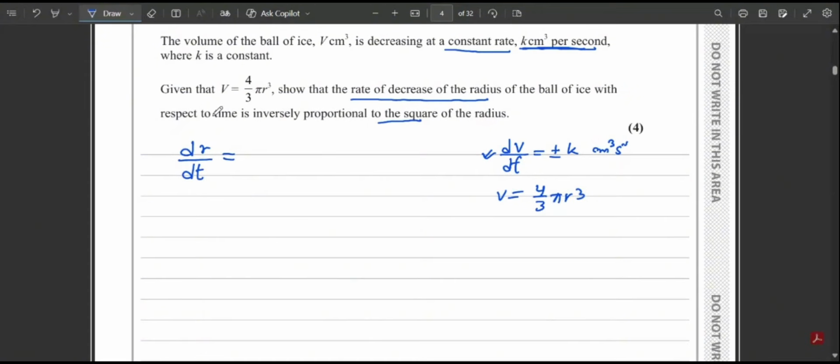Given these two things, we can relate the rates of dv by dt and dv by dr in order to find dr by dt. So I can write dr by dt is equal to dr by dv into dv by dt. Notice from here that cancelling out dv and dt gives us dr by dt. So the left hand side and the right hand side are equivalent.